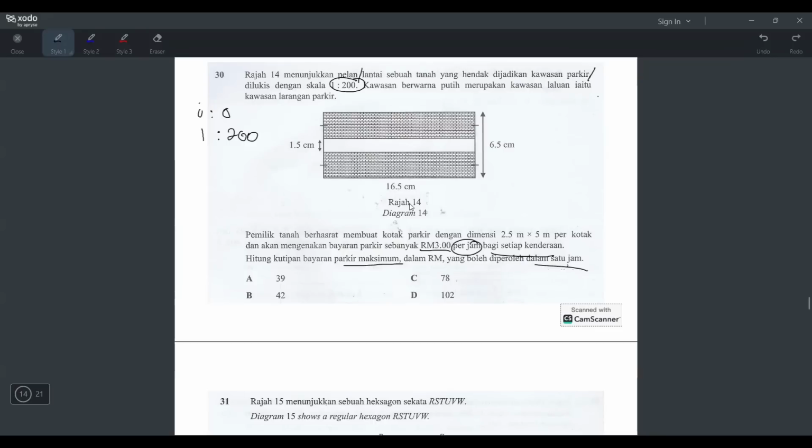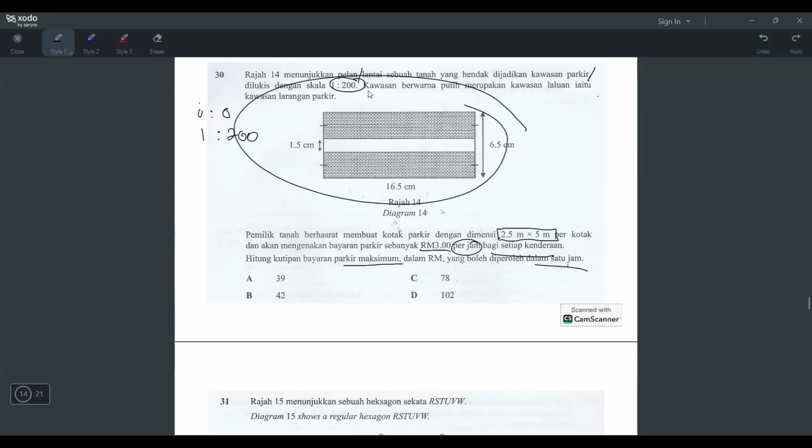So if you have 2 kotak, then it's like RM6 lah. If got 5 kotak, then 5 times 3. So first thing first is to find how many kotak parking, and then darab 3, right? But how to find berapa kotak parking? Okay, they say the kotak parking punya dimensi is this one, 2.5 meter times 5 meter, right?